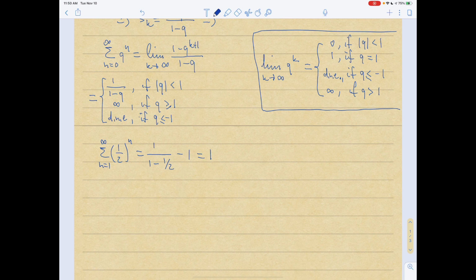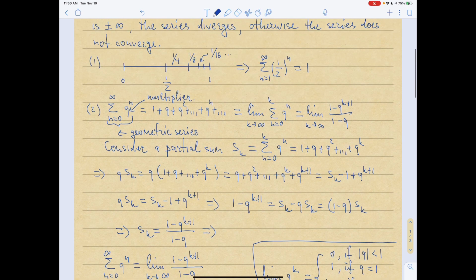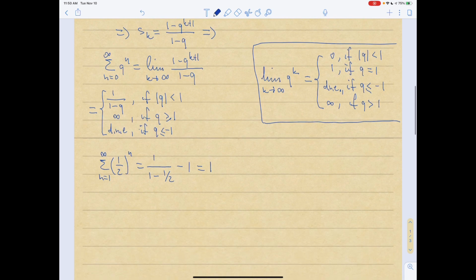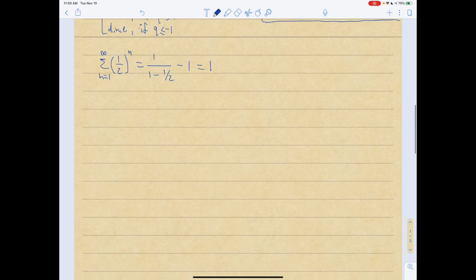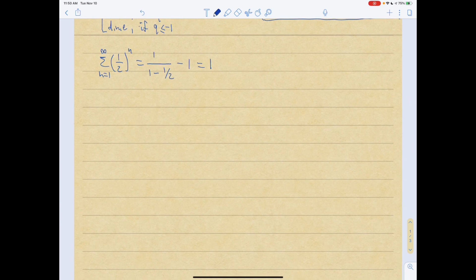So this verifies my computation in the first example. Okay, so the moral of the story is if you see a geometric series, it is always going to converge when the magnitude of q is less than 1, and you have a precise expression for what the sum of the series is going to be.